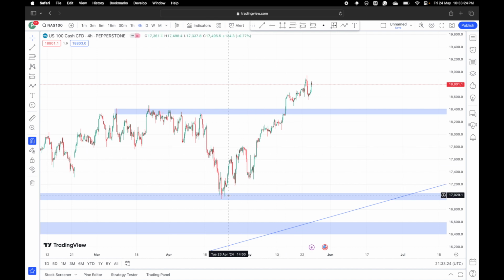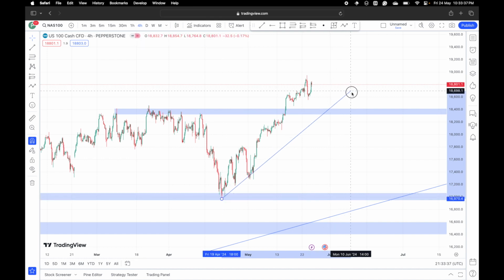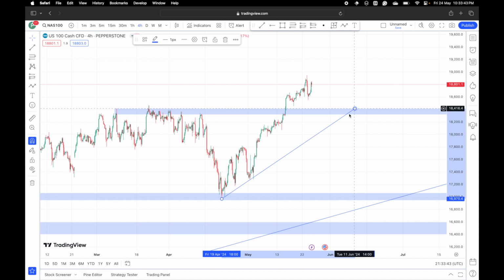we have another trend line we can plot from this low. As you can see, from this low or support, it clearly has a trend line like this. We already have the first, second, and third touch.